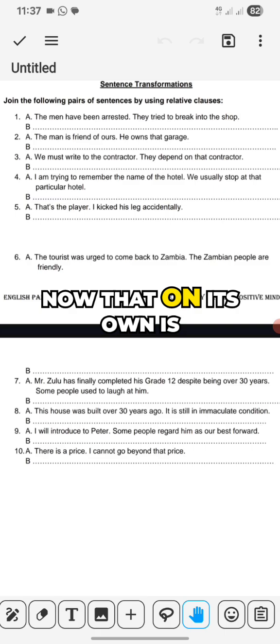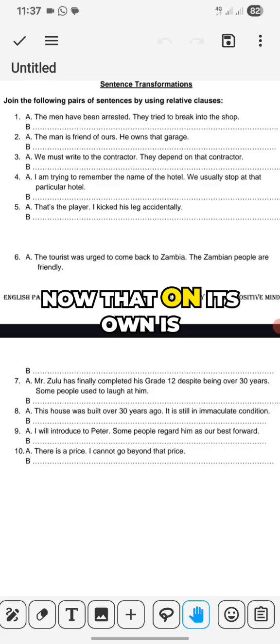Relative clauses are usually introduced by relative pronouns. What are these relative pronouns? These relative pronouns are connectors. They connect these clauses to the main clause.